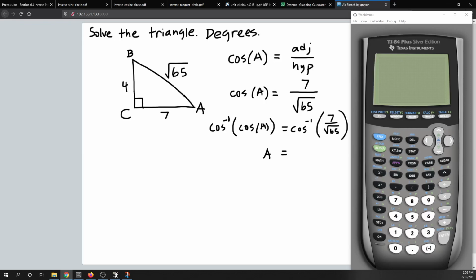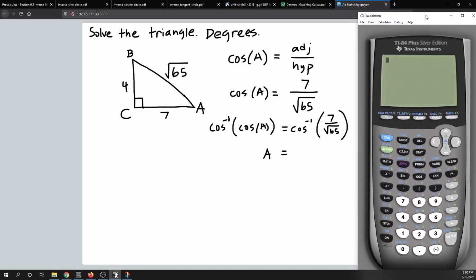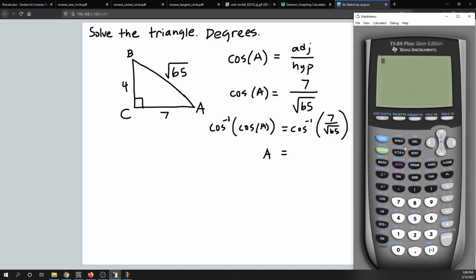This is from one of the Newton problems, and the way that I know that it's degrees is they have little degree symbols in the answer boxes. They're really, really tiny, but they have them there. So you're just going to have to look on these problems. Okay, so we want to make sure that we're in degree mode, which we are.